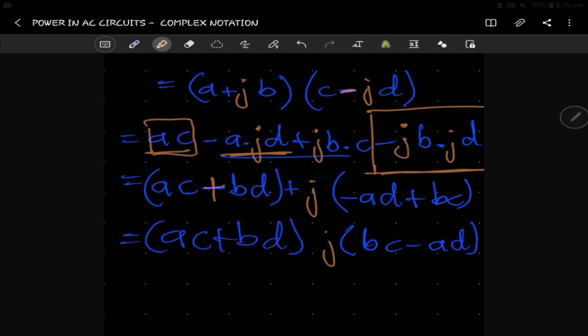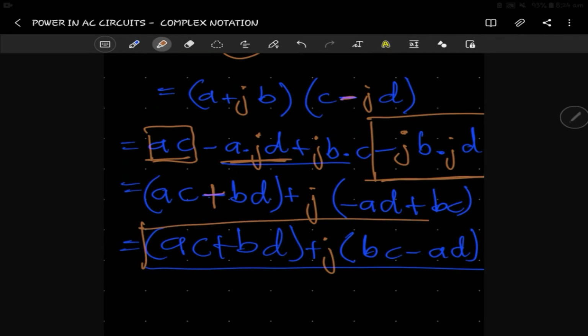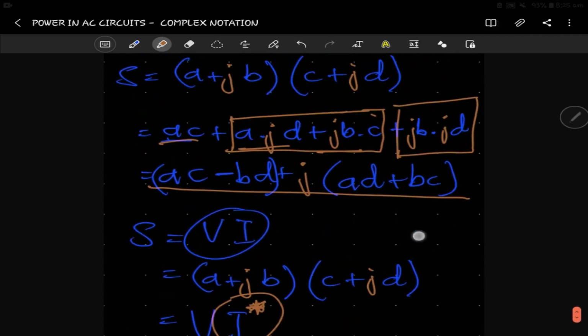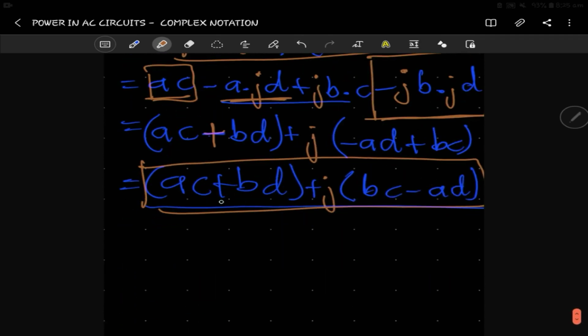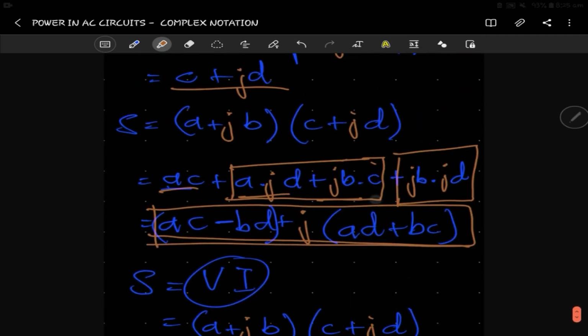Let's remember our S, then our plus. The difference between what we just found by multiplying these two, which is the conjugate one, and this one right here, which we found without conjugating, is that this side is a plus and this side ends up being a negative.